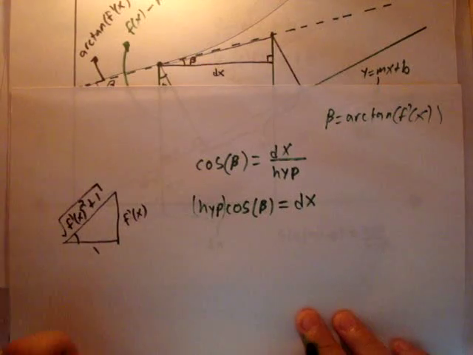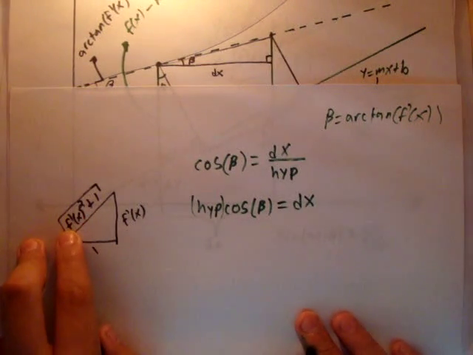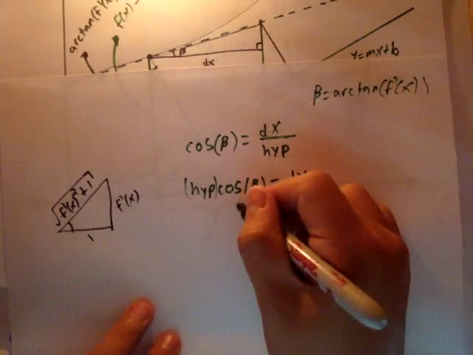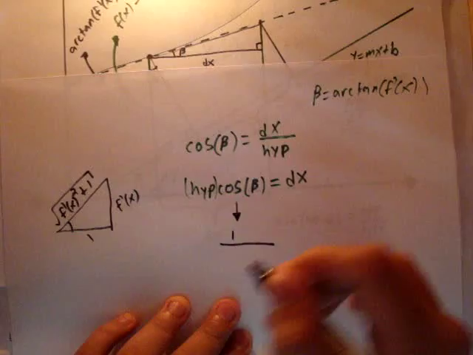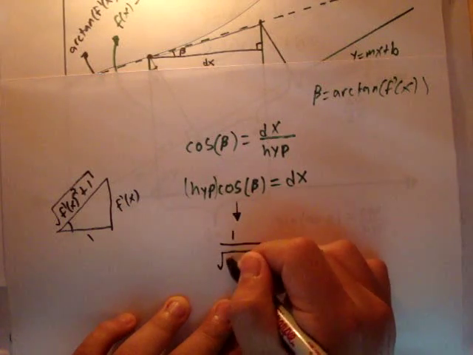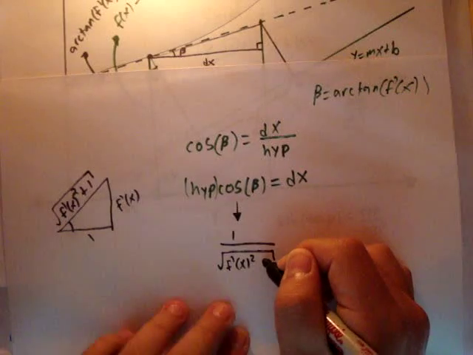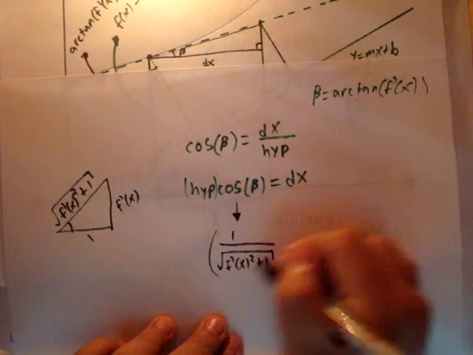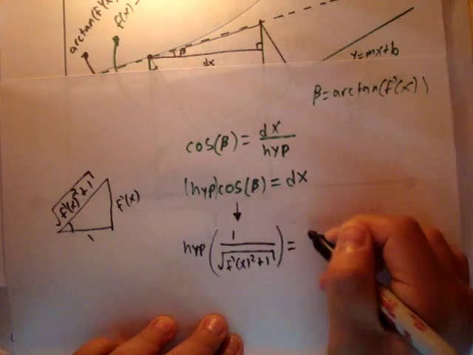And this is the degree. Let's say we want cosine, so we go 1 over the square root of f prime of x squared plus 1. So this simply equals 1 over the square root of f prime of x, squared, plus 1, times the hypotenuse, equals dx.